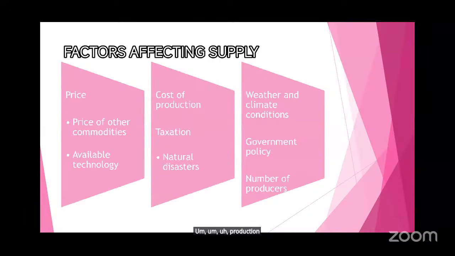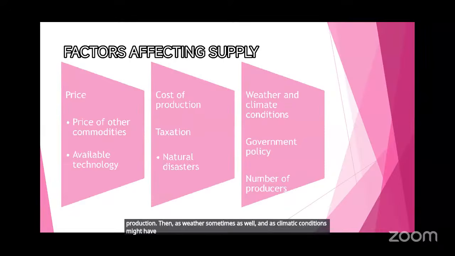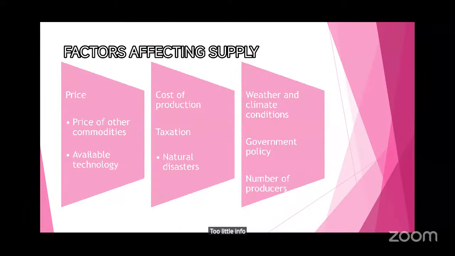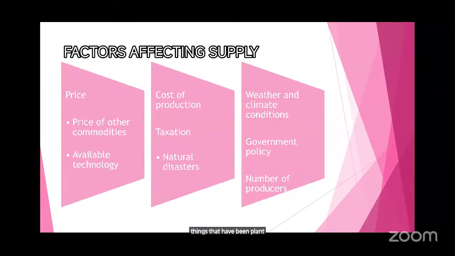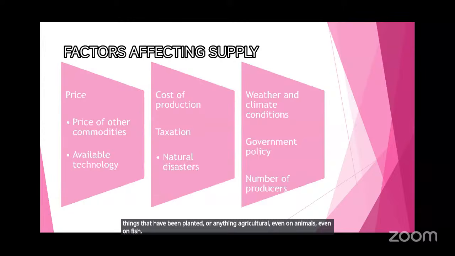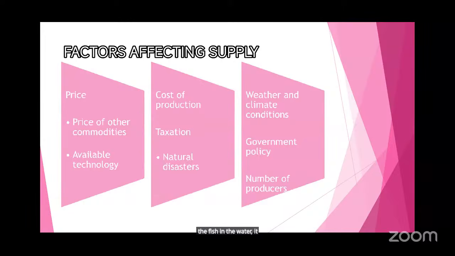Then harsh weather and harsh climatic conditions might have an effect on things that have been planted, in terms of the ability to grow and germinate. When there is too little rainfall, it has a negative effect. When there is too much rainfall as well, it will also have a negative effect on things that have been planted or anything agriculture, even on animals, even on fish in the water. And then we move on to the next one, which is government policy.